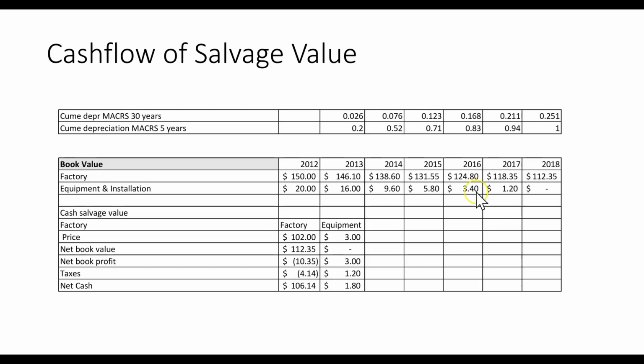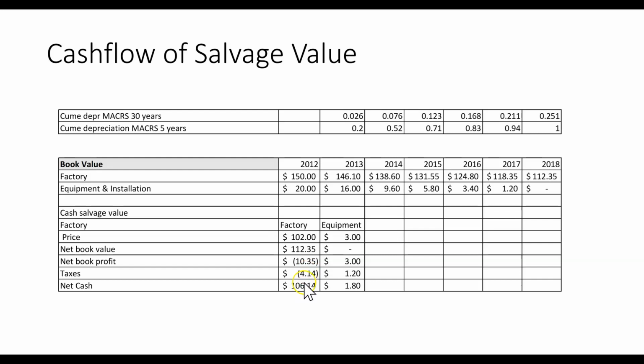So now that we have the book value, this is how the calculation is done. We look at the price that we are going to get for the used equipment for the factory in 2018. We look at the book value in 2018, which is 112. Subtract from it, we get a net book profit of negative 10.35. We multiply that by the tax rate, which is 40%, so it is 10.35 times tax rate.